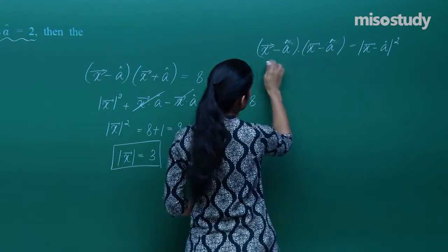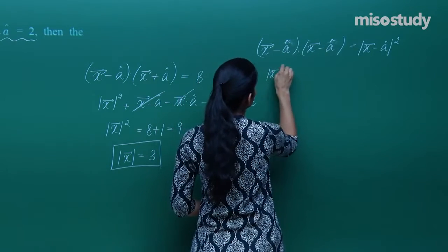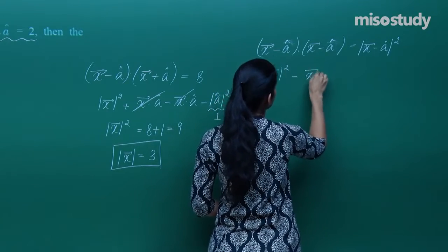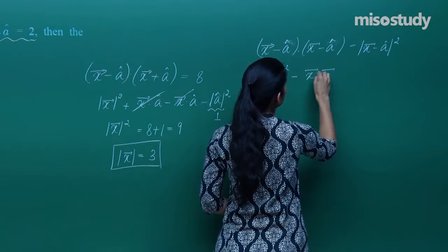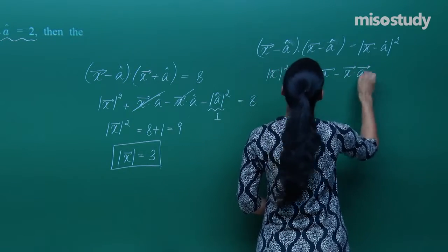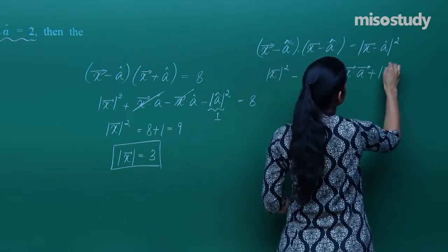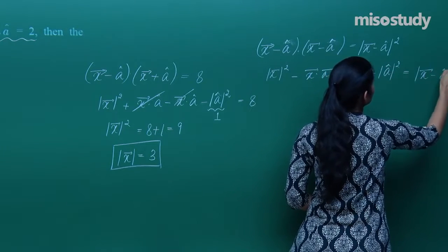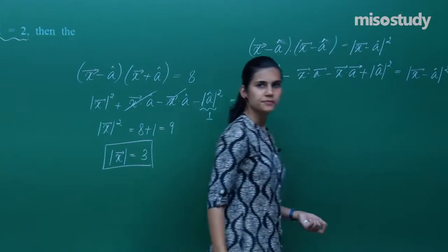Now what is this? x dot x, mod x whole square, minus x dot a, minus x dot a, again minus x dot a, then you have plus this square, equals magnitude of x minus a square.